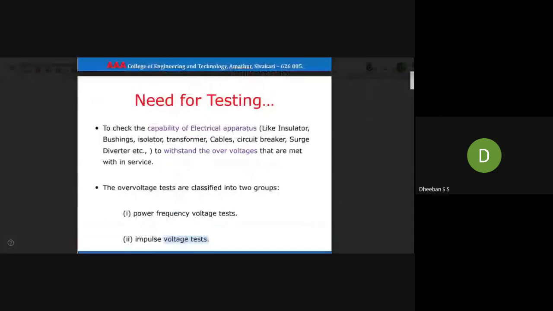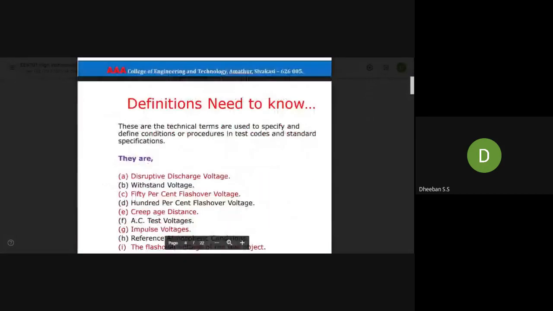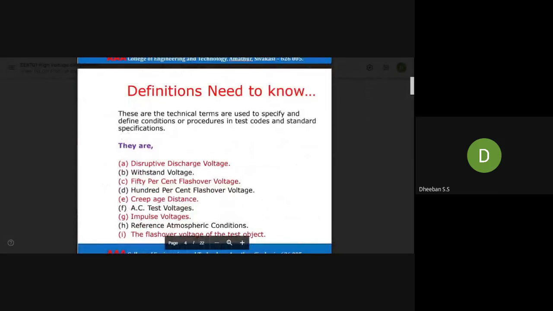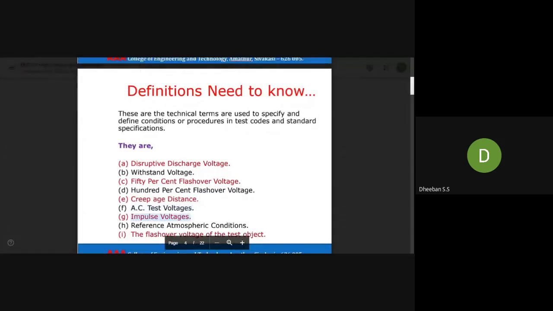So moving on, before getting into the testing part, you have to know some predefined definitions of some parameters. Starting with disruptive discharge voltage, followed by the withstand voltage, then 50% flashover voltage and 100% flashover voltage, followed by the three-phase resistance, then the AC test voltages involved, followed by impulse voltages, then reference atmospheric condition, that is, the atmospheric conditions in which the tests are carried out.